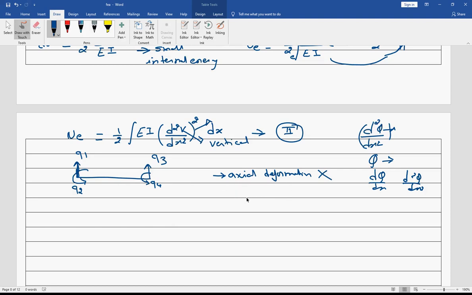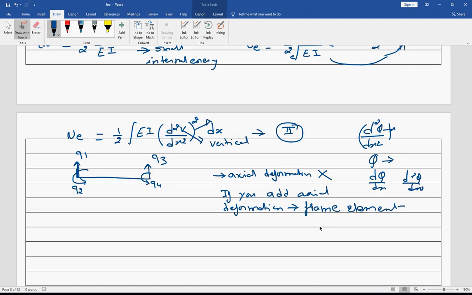Okay, now when you add axial deformation, so that element becomes frame. So it is not a beam element, that element is called a frame element.